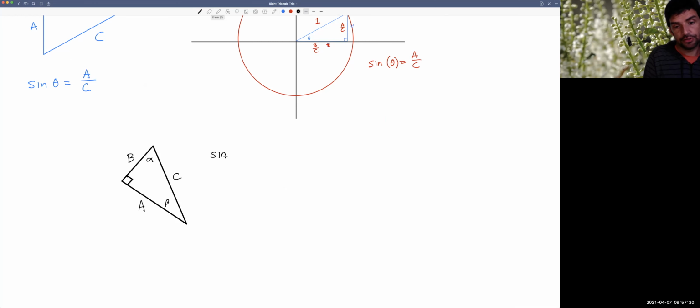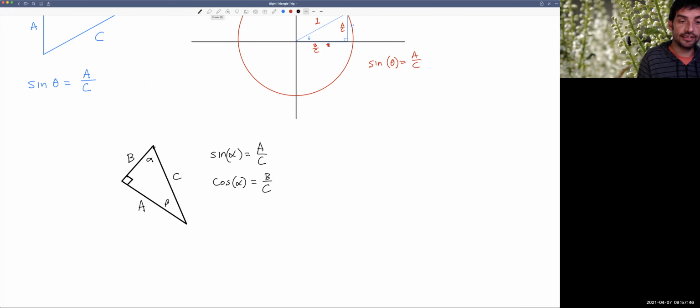So let's go through some of the trig values for these angles. So the sine of alpha is going to be the opposite over the hypotenuse, A over C. Cosine of alpha is going to be B over C, right?